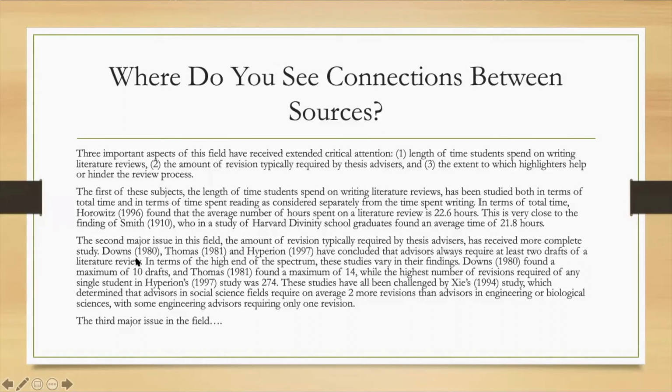Now, they found slightly different ways to require it, but all of them found at least 2 drafts are required. That is a conclusion that you as the researcher came up with as you reviewed these, because it is the minimum that is true. What do I mean?